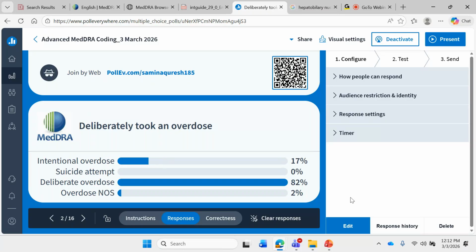So remember that principle. Try to take an exact match LLT to what is reported in your verbatim string. That's your first attempt. Of course, if you can't find it, then you go to using your medical judgment, you choose what it is. Okay, so our people are changing their mind as we talk.